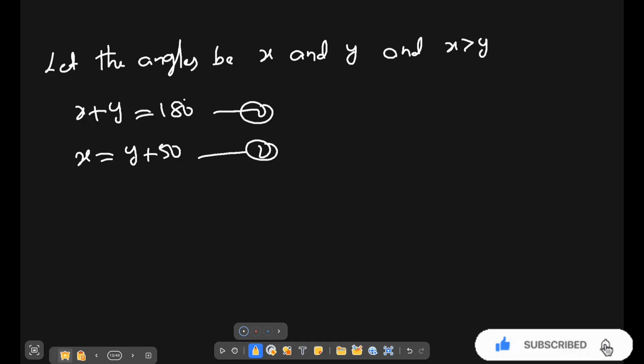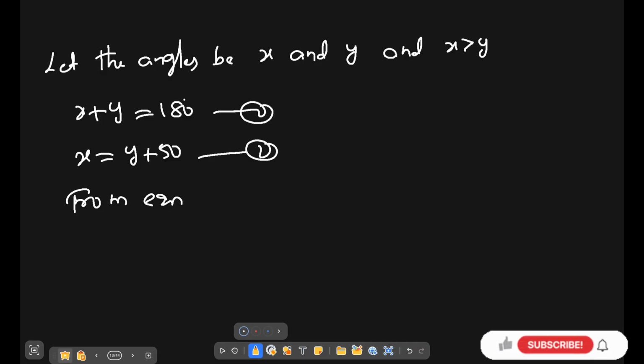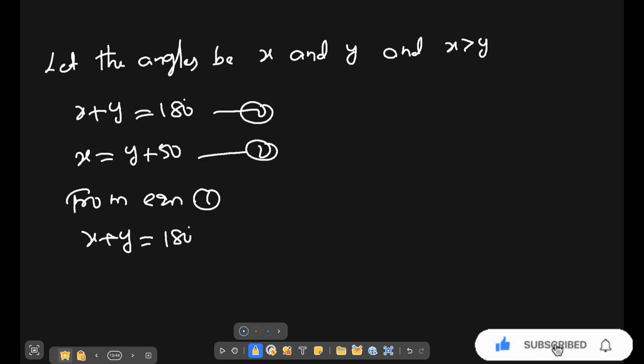Substitute this x value in equation 1. So what is equation 1? x plus y is equal to 180. In place of x, you can substitute y plus 50, or 50 plus y.